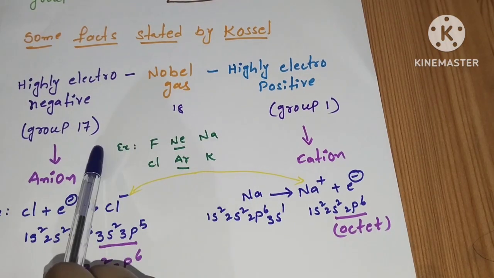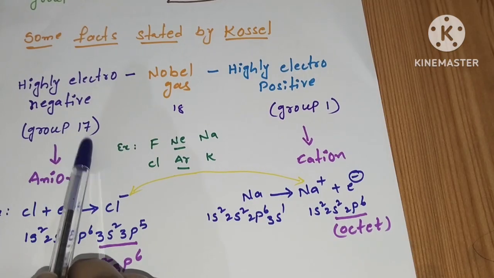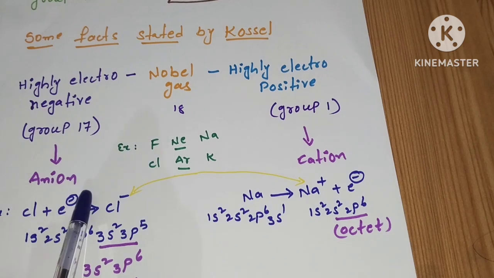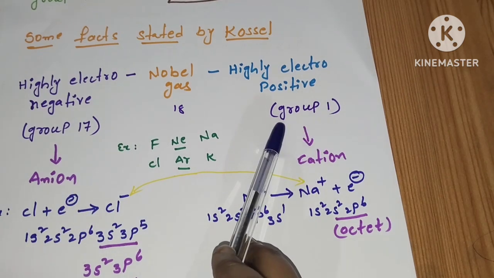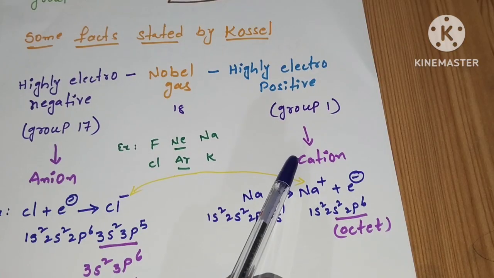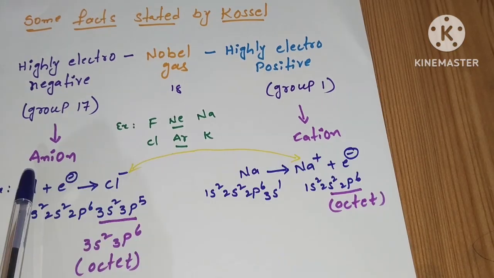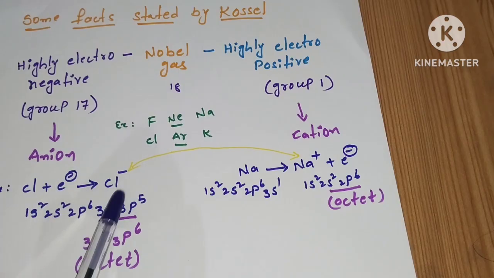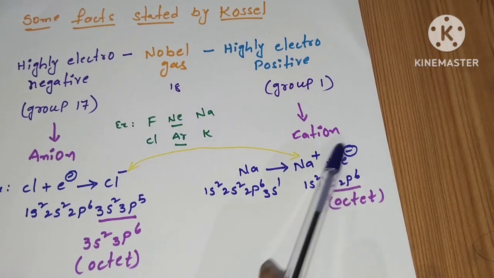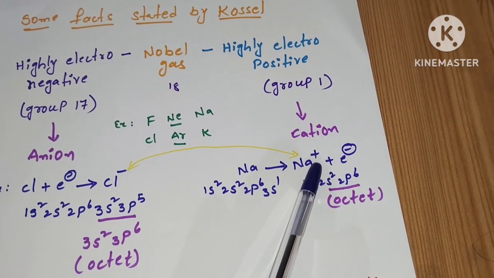Second point, he stated that group 17 elements, the halogen family, will form anions. Similarly, group 1 elements or alkali metals can form cations. They form an anion by the gain of an electron, and they form a cation by the loss of an electron.